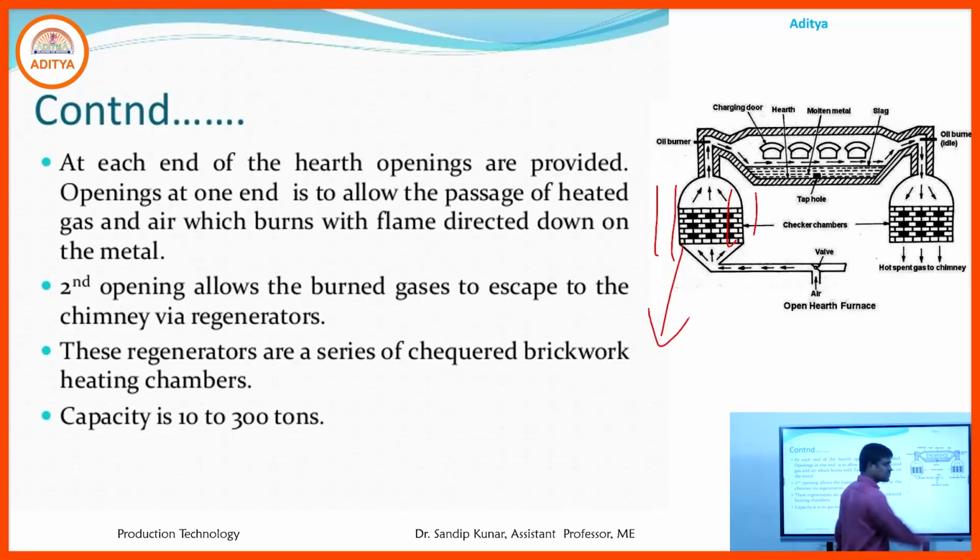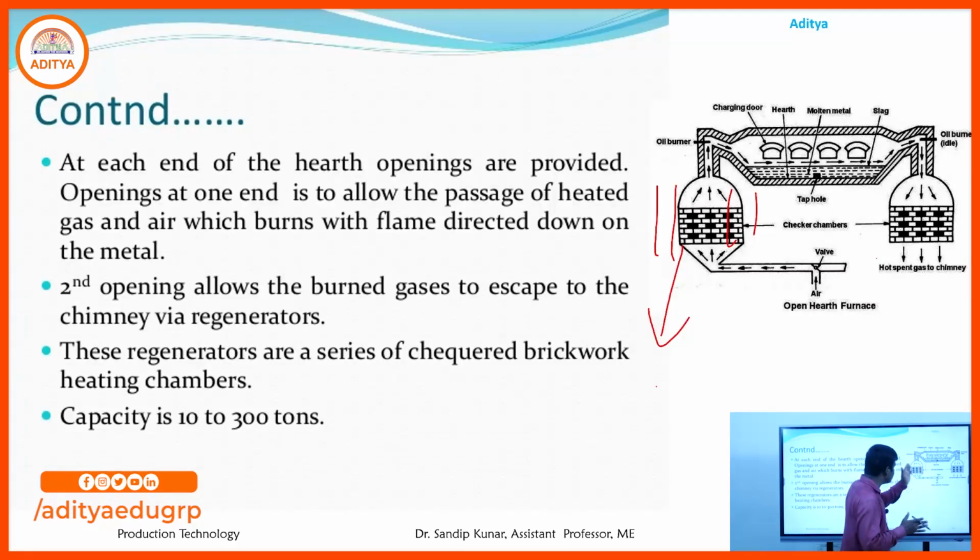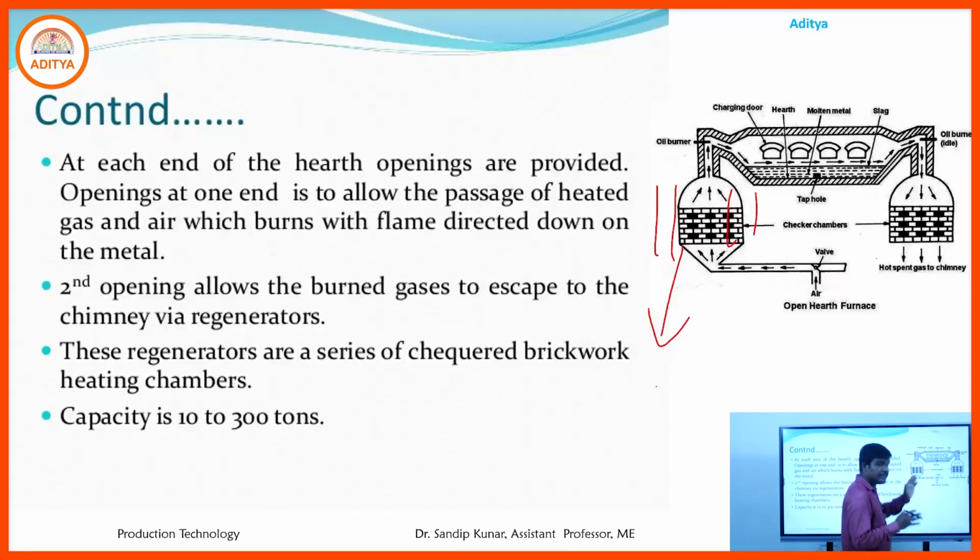Here regenerative bricks are used, to preheat the air and the fuel gases. After that, when the preheated gases and preheated air pass through the passage, an oil burner is there, and that oil burner also helps to heat the produced gas and the air.